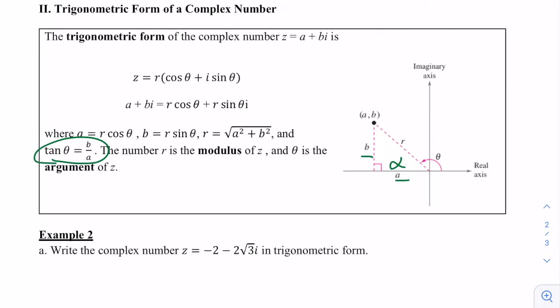And if we want to find the radius, or the modulus of z, we just have to use the distance formula. So that's going to be the square root of a squared plus b squared.